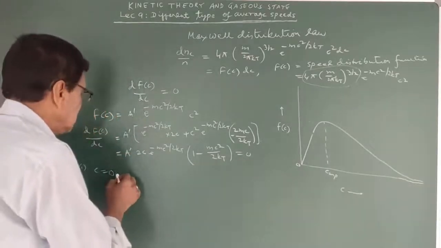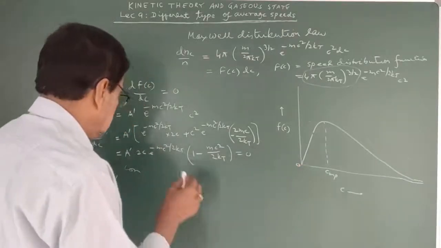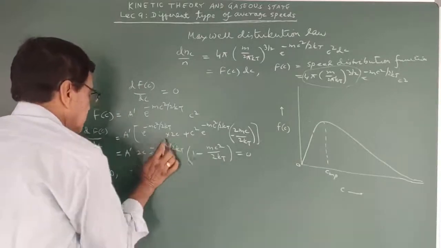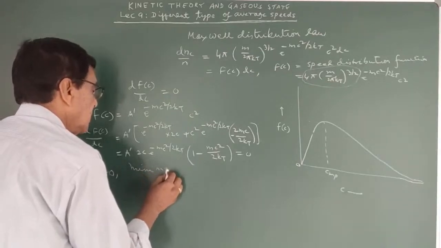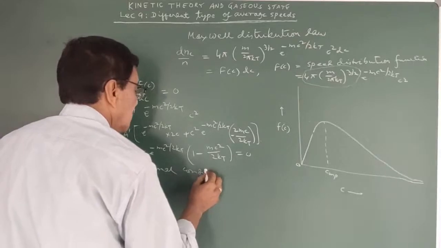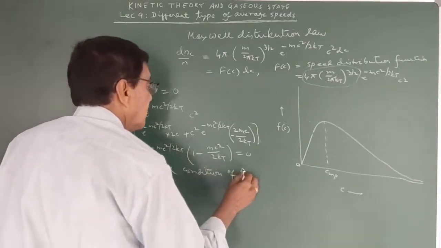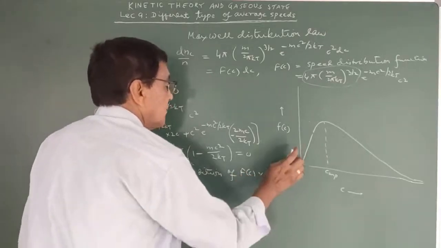So this is the condition for c equal to 0. This is the minimal condition of the f(c) versus c curve.